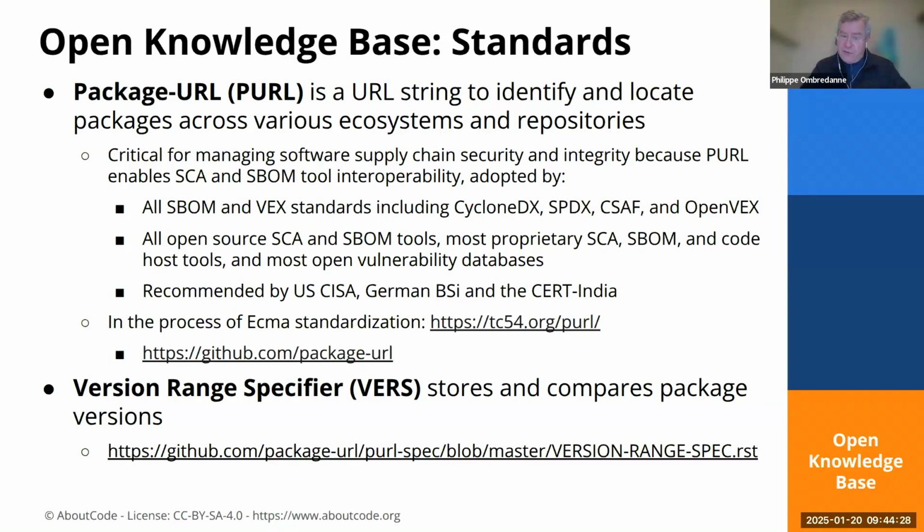It's recommended now by the US CISA, the German equivalent, which is called the BSI, and also CERT India. I'm in discussion with the CVE organization, the CVE Quality Working Group on the one hand, and folks from MITRE in the US.